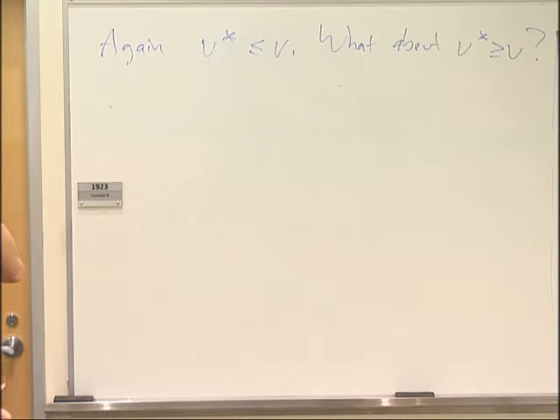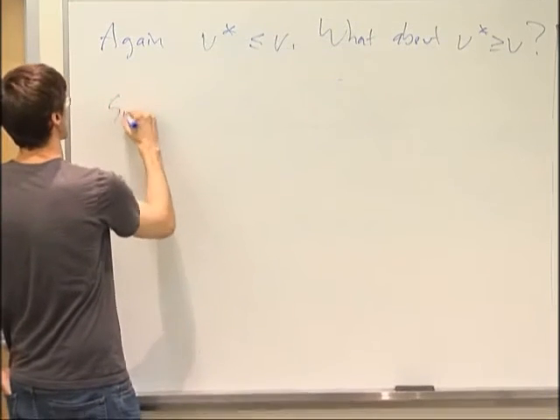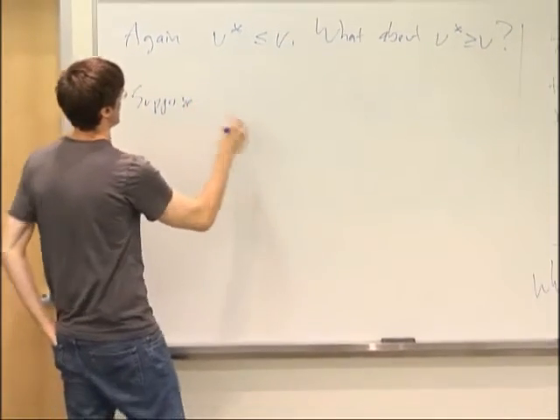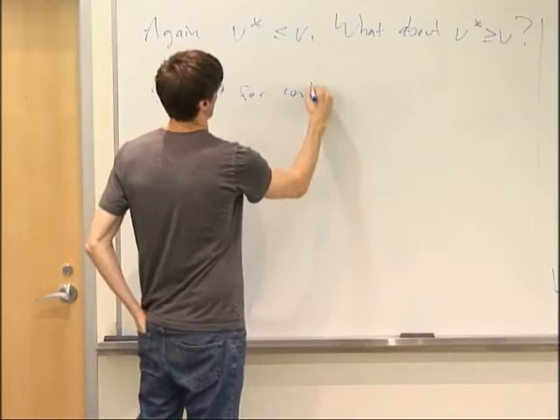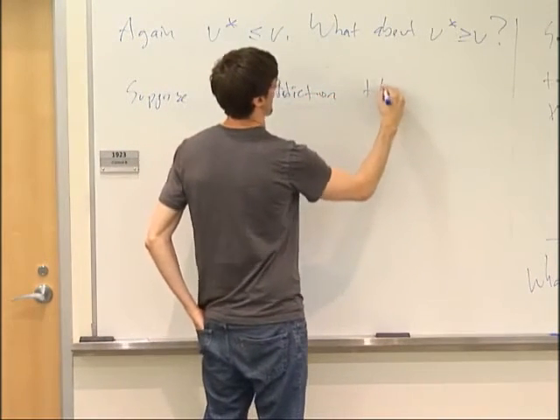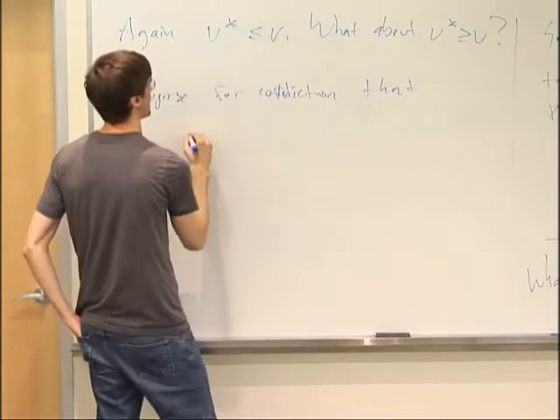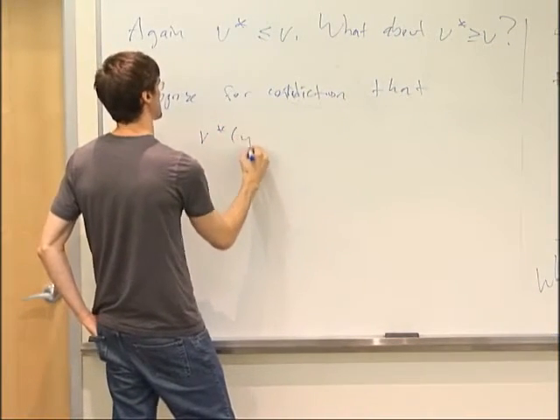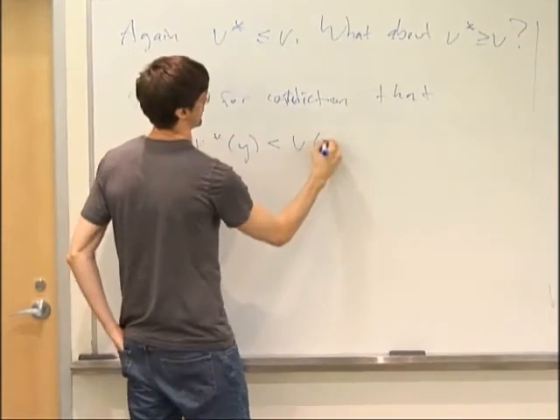What we're worried about is that somehow this fails, right? So let's suppose for contradiction that we have some point y where this guy is strictly smaller.